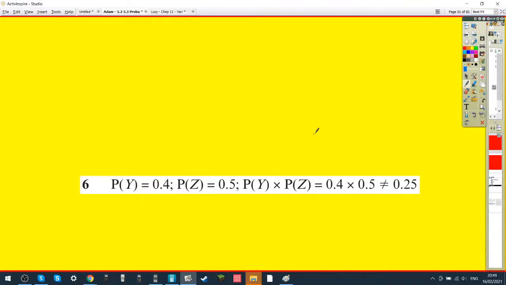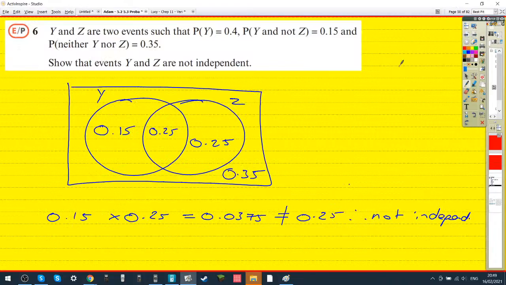Oh, 0.4 times 0.5. That's not what we did. That's why, because it's not left and right. It's actually just the probability of Y times probability of Z. That one's 0.4. So the other one's Z. We did need to find it. So what is probability Z? 0.6?